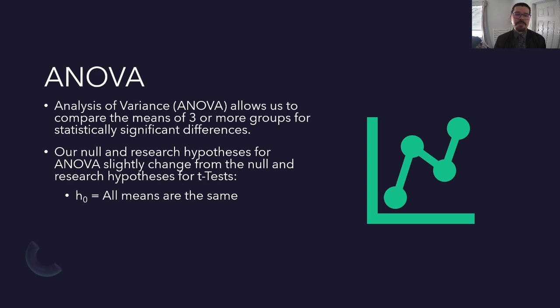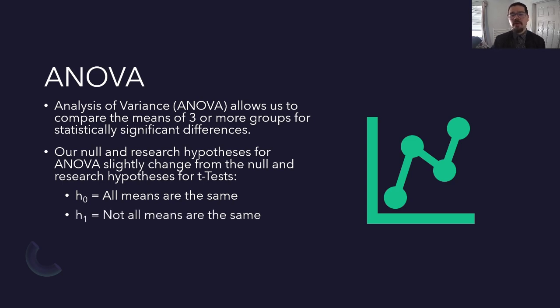And remember that as part of inferential statistics, we are taking our samples and they are intended to be representative of the populations that they represent. So with the null hypothesis, we're saying that each of the sample means that we are collecting and comparing to each of our other samples are going to be the same, which means their population data is also going to be the same. And if they are the same, then there's no statistically significant difference between them.